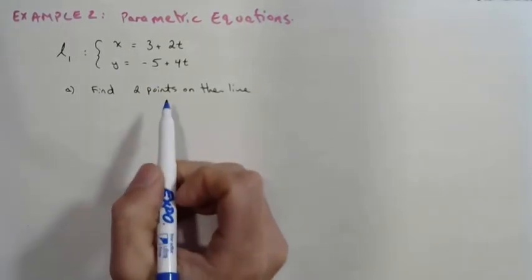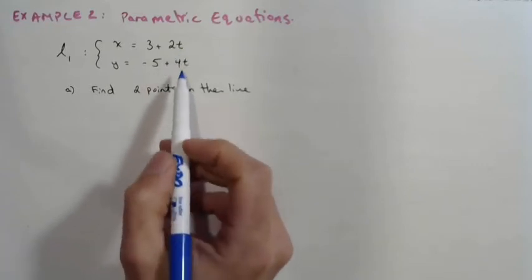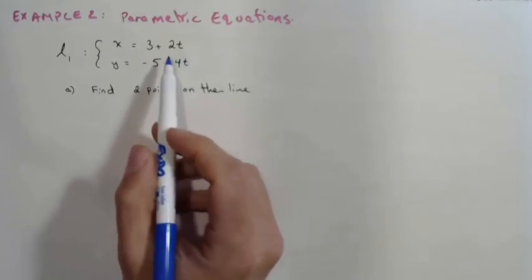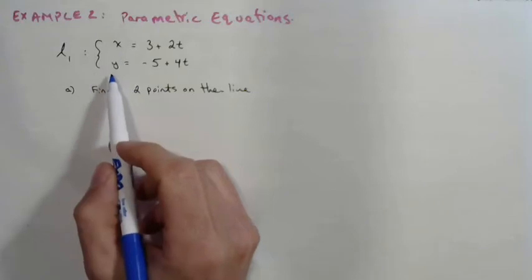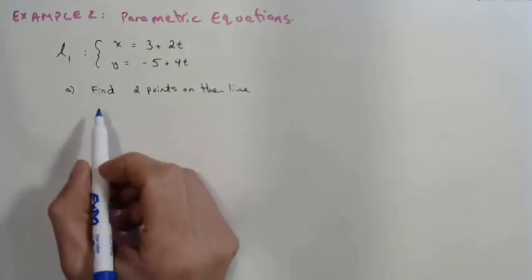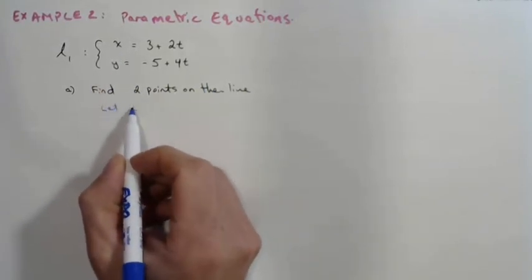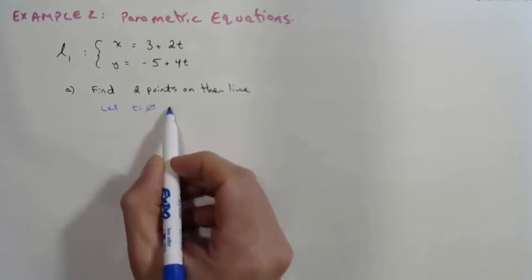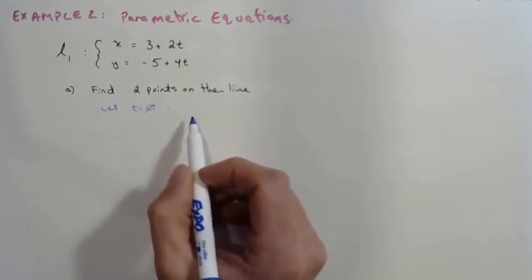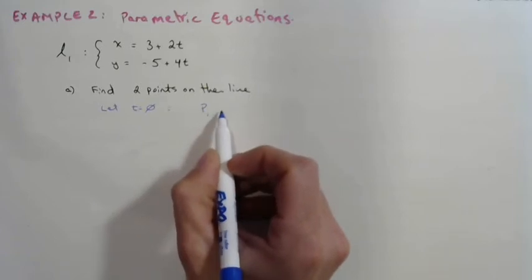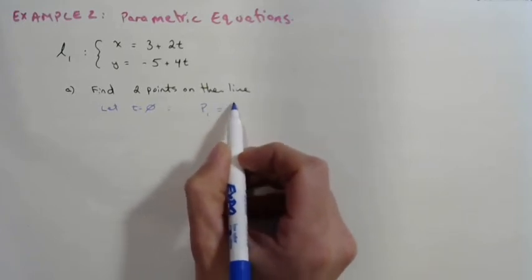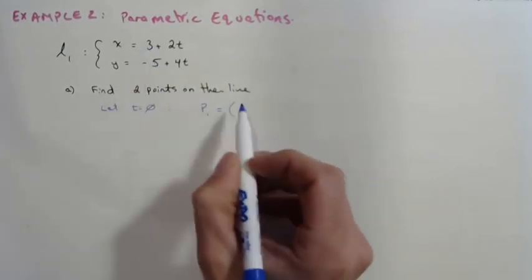First, to find 2 points on the line, all we need to do is pick 2 arbitrary values of t, and we'll get an x coordinate and a y coordinate of a point that is on the line. So why don't we just start with let t equal 0. Okay, if we let t equal 0, then the point P1 is just 3, -5.